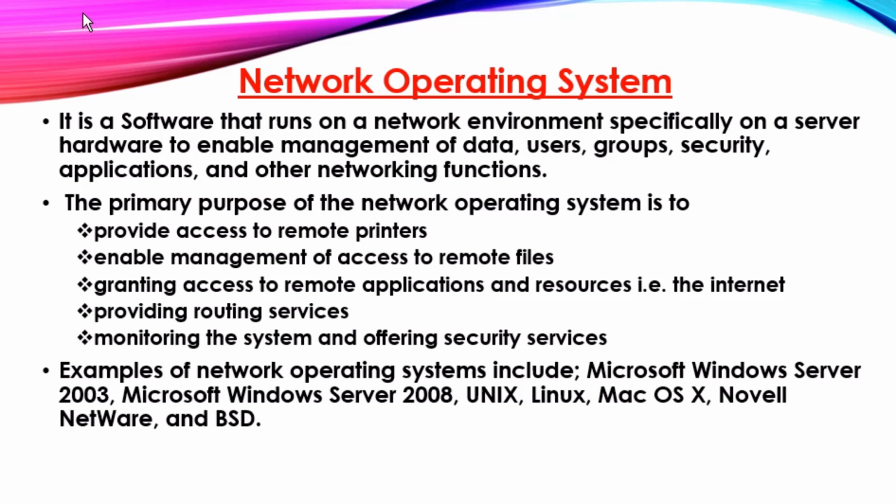The primary purpose of the network operating system is to provide access to remote printers, enable management of access to remote files, granting access to remote applications and resources such as the internet, providing routing services, and monitoring the system by offering security services. Good examples of the network operating system include Microsoft Windows Server 2003 version, 2008 version, Unix, Linux, the Mac operating system, Novell NetWare, and the BSD network operating systems.